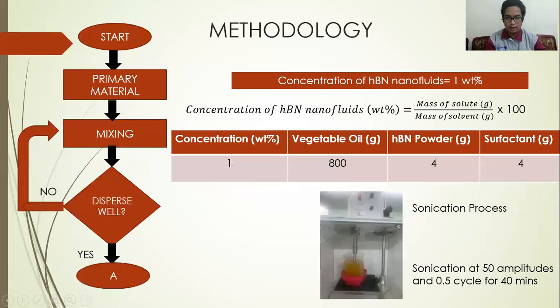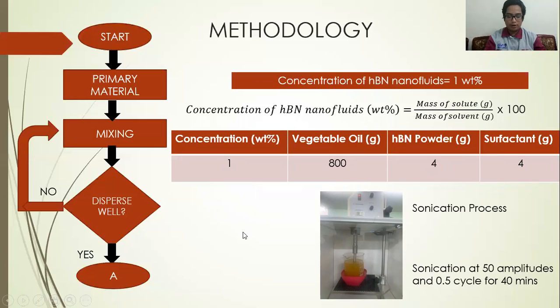Next is the preparation of the nanofluids. The concentration of nanofluid that is going to be used is 1 weight percent. This is the formula for the calculation of concentration of HBN nanofluids: mass of solute over mass of solvent times 100. The mass of solute includes the mass of the HBN powder added with the mass of surfactant.